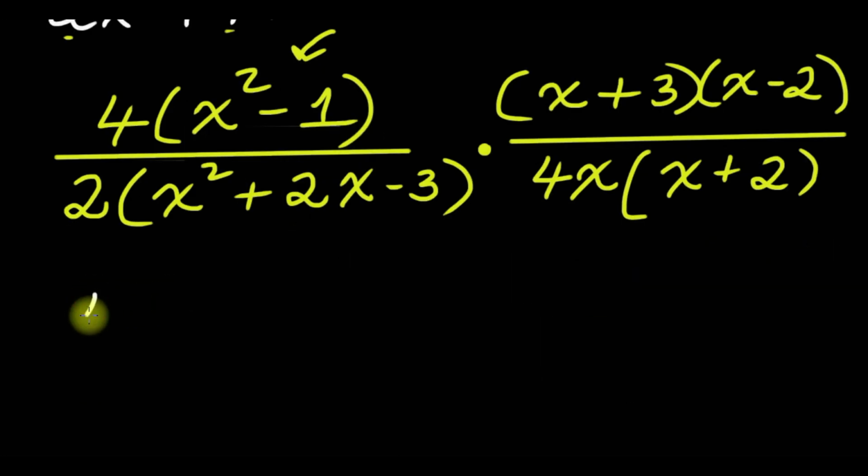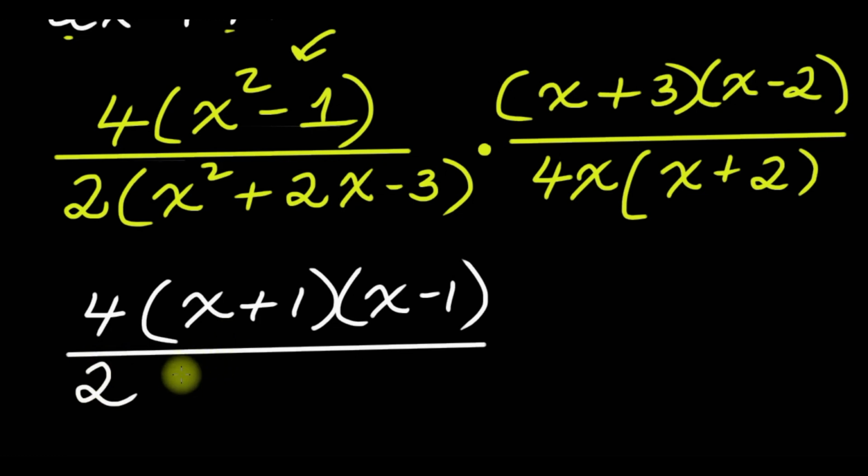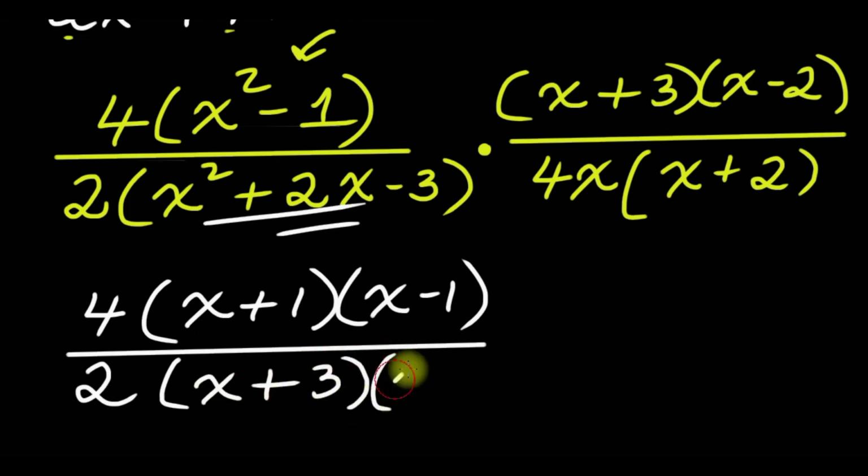So here we have 4, and then x squared minus 1. That can be factored into x plus 1 times x minus 1. Okay, and then the denominator 2, and then here we can factor this trinomial into x plus 3 times x minus 1. And then over here, they have all been factored, so nothing else that we can do to it.